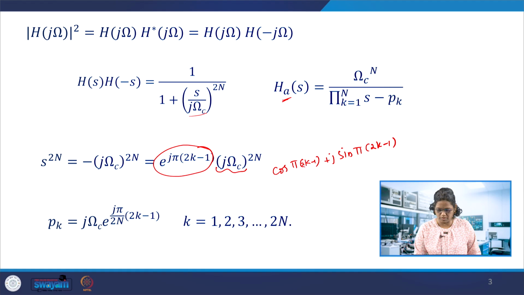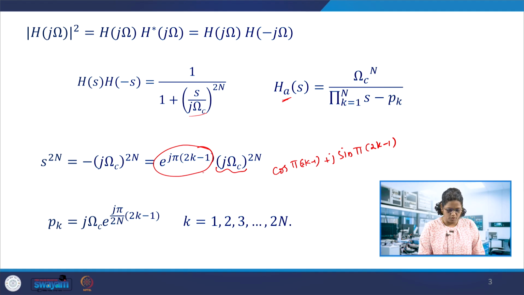The cos pi plus j sin pi just gives minus 1 at various values of k. At k equal to 1 it becomes pi, at k equal to 2 it is 4 minus 1, which is 3 pi, at k equal to 3 it is 6 minus 1, which is 5 pi, and so on. So it exhibits the value minus 1.